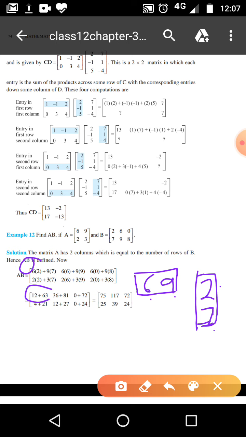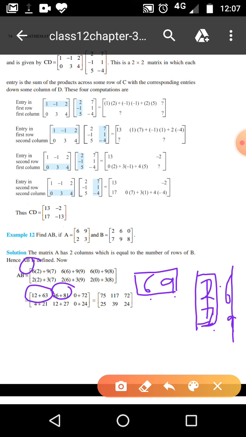So see the first entry. Similarly, the first row by the second column: I am just going to replace it by the second column. 6 9, and then 6 6s are 36, 9 9s are 81. See, this is the second entry.